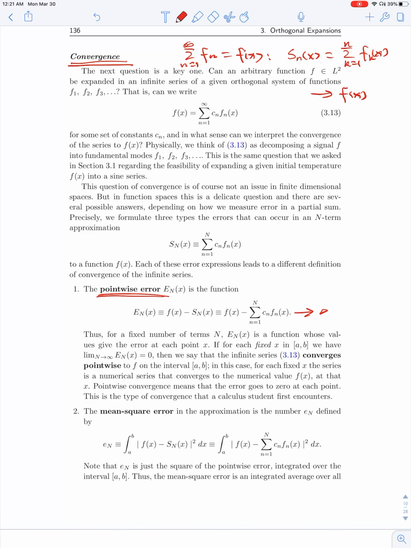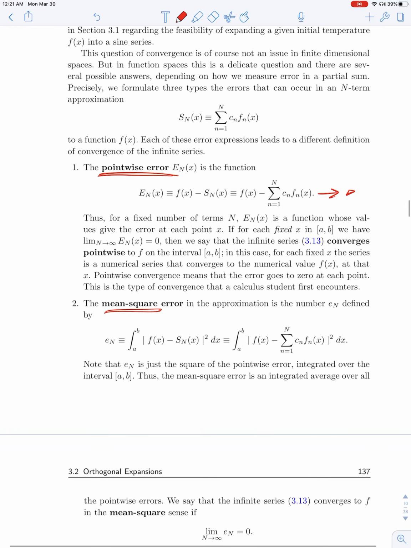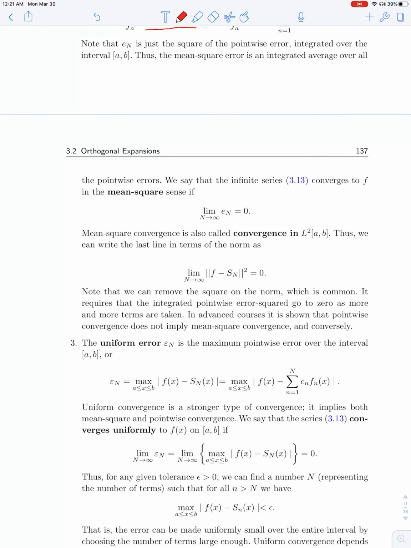Another is mean square convergence: you look at the square of the difference, and if the square of the difference goes to 0, that is what we call mean square convergence. Another convergence that we will talk a little bit about is uniform convergence, which just means that the maximum of these goes to 0 as n goes to infinity.